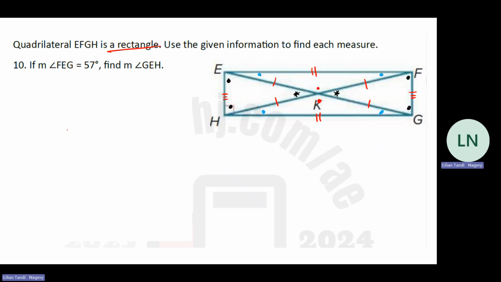Now FEG. This angle here is 57, so therefore this is also 57. To get this angle, I will do 180 minus 57 minus 57, because those are angles in a triangle. So that's 66, but something looks very weird.